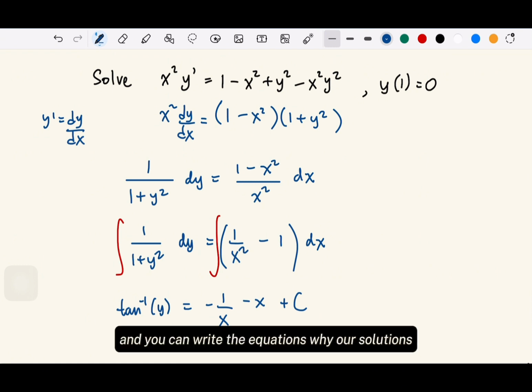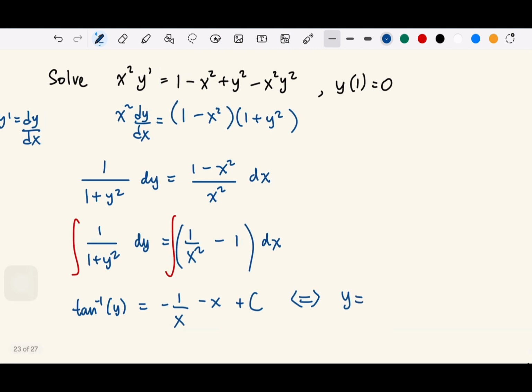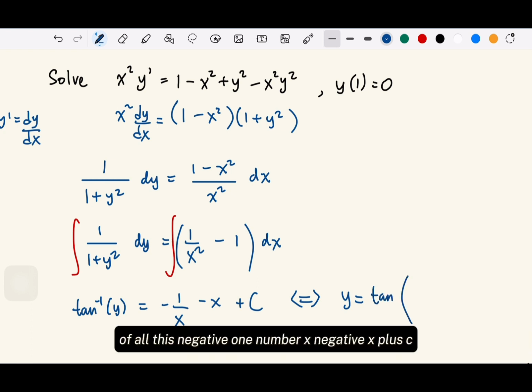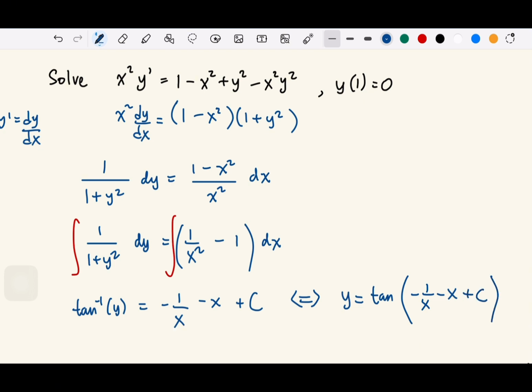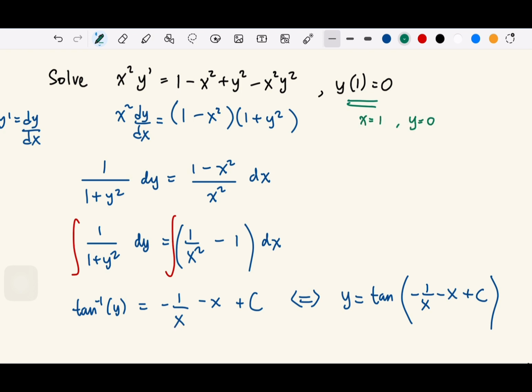And you can write our solution: y is equal to tangent of negative 1 over x, minus x, plus c. But since we have the initial conditions, we could check when x equals 1, y is 0.